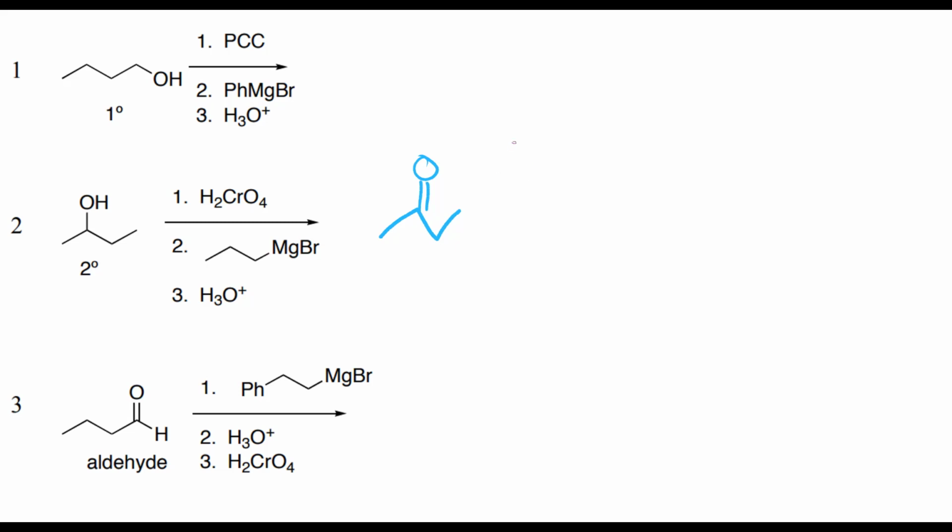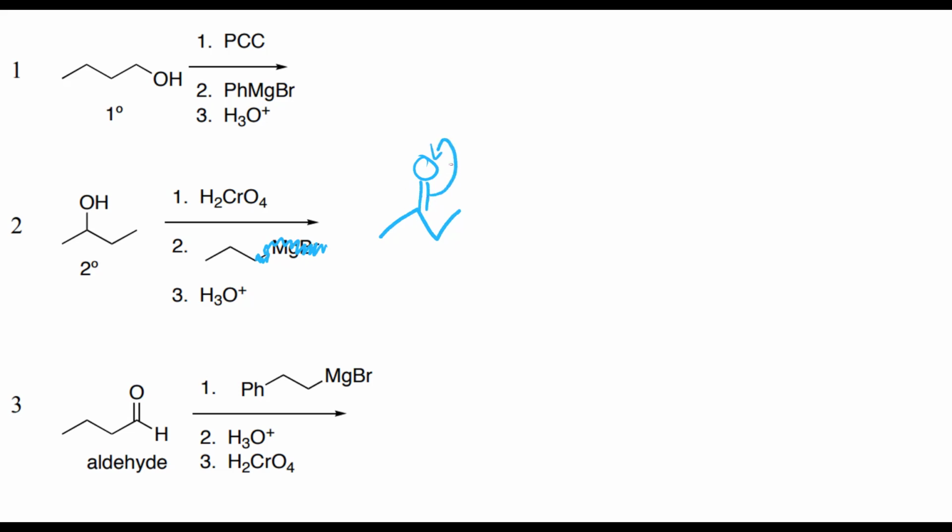An organometallic compound is just a carbon chain with a metal directly attached to it. So if it makes you feel better, you can just ignore the MgBr and the little bond associated with it. So overall, we're just going to be adding 3 carbons, 1, 2, and 3. Okay. So we're going to be adding 3 carbons to this area.